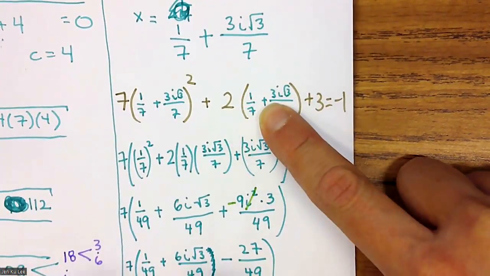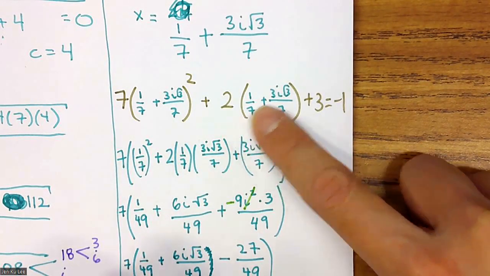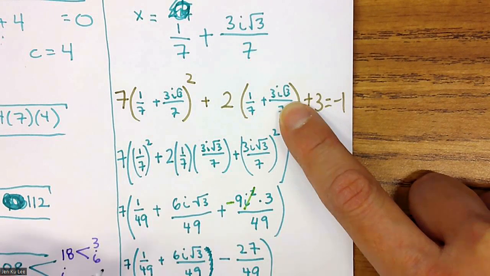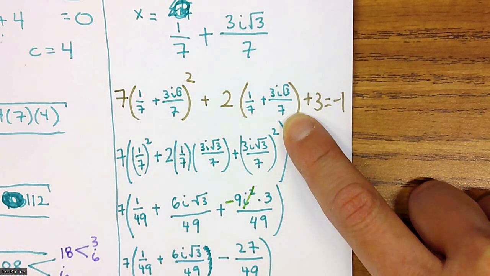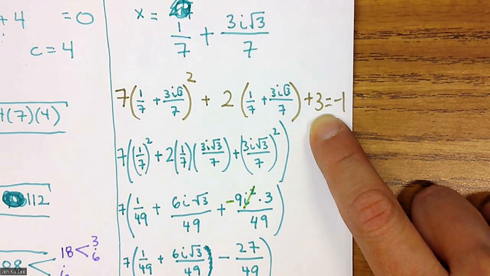So 2 times 1 over 7 is 2 over 7. 2 times this thing is 6i square root of 3 over 7 plus 3 equals -1.